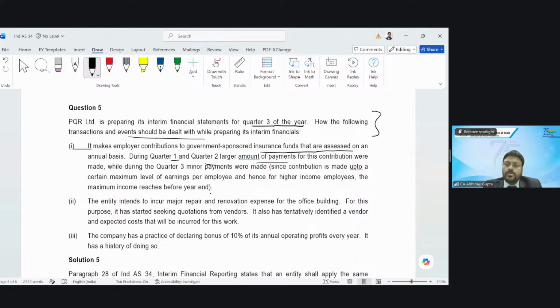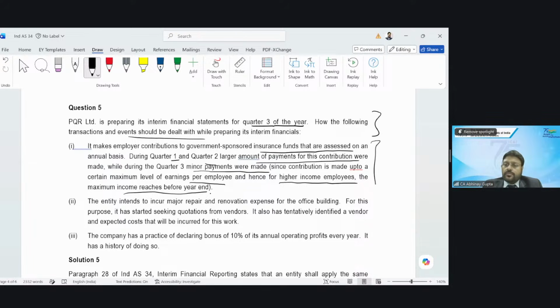Larger amounts of the payments for this contribution were made, while during quarter three only some minor payment is made. Since the contribution is made up to a certain maximum level of earnings per employee, which had already been achieved because of the higher contributions in the prior quarters, for the higher income employees the maximum amount is reached before the year end, right?